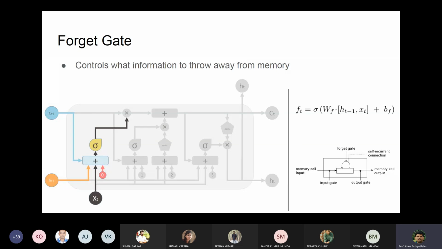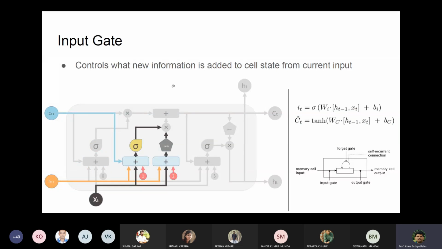Now you go to the second layer. What is that second layer? You see here, the input gate. What does this input gate basically do? This step is to decide what new information we are going to store in the cell state.